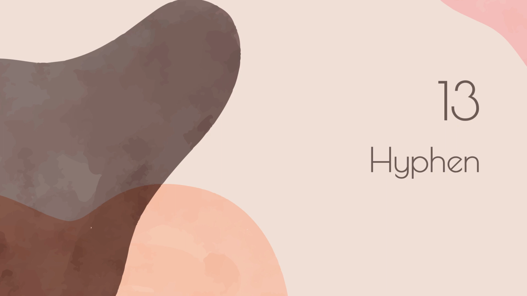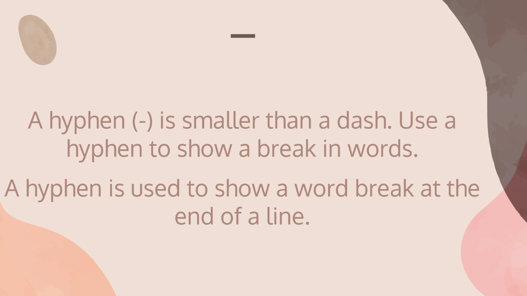Up next, we have hyphen. A hyphen is smaller than a dash. You can use a hyphen to show a break in words. A hyphen is used to show a word break at the end of a line. When we are writing and we don't have enough space on the line, and the word is a bit too long, we break the word, but we place a little hyphen there to indicate that the rest of the word is on the next line.